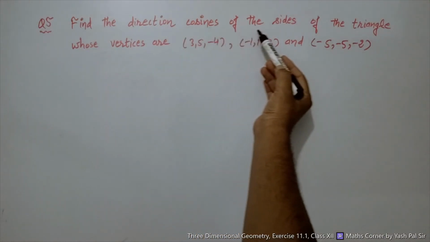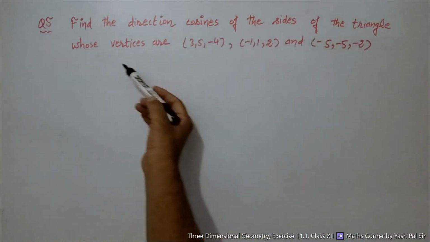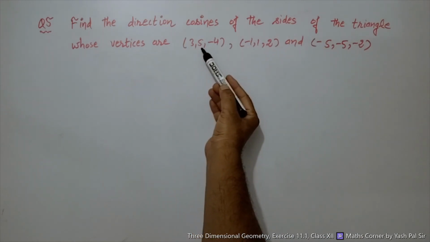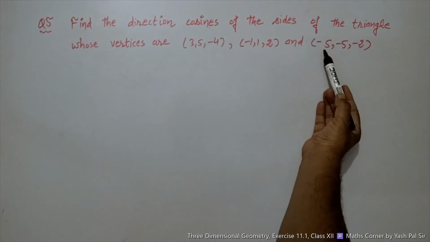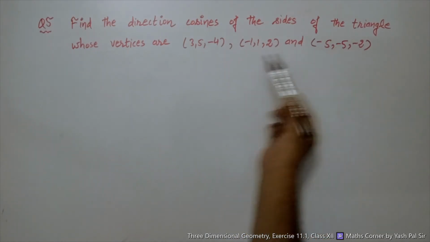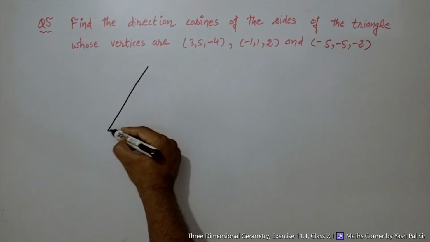Question number 5. Find the direction cosines of the sides of the triangle whose vertices are 3, 5, -4, -1, 1, 2 and -5, -5, -2.